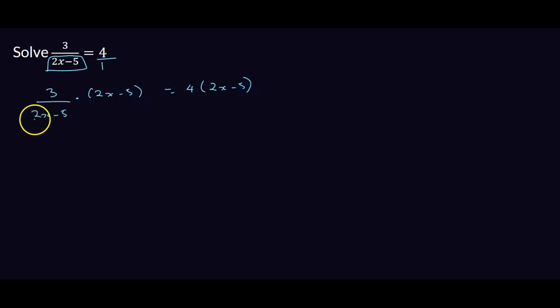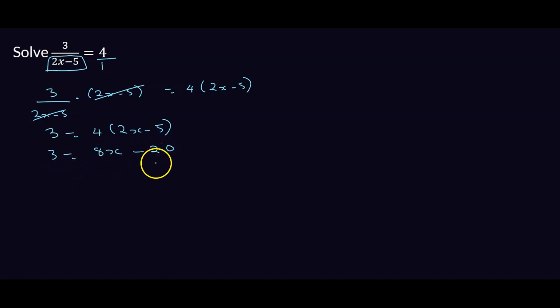So you can see that once we do this, we get rid of the algebraic expression from the denominator. So this is now going to be 3 equal to 4 multiplied by (2x minus 5). So we have 3 equal to 8x minus 20.